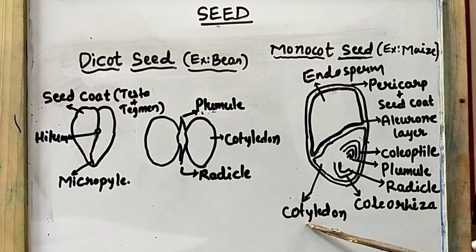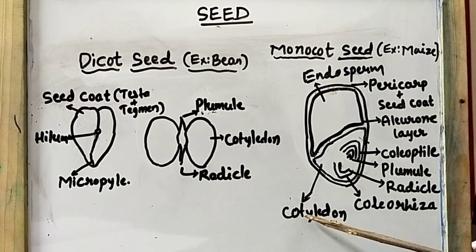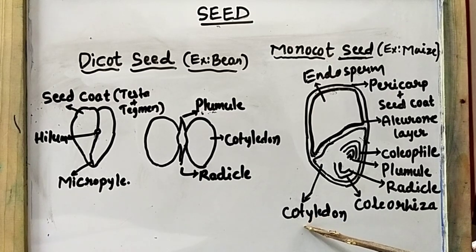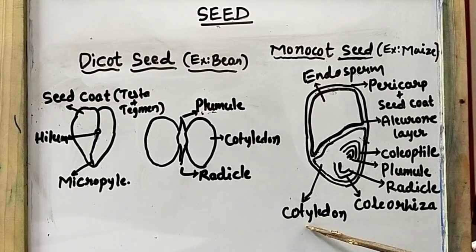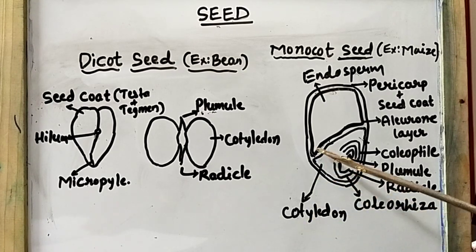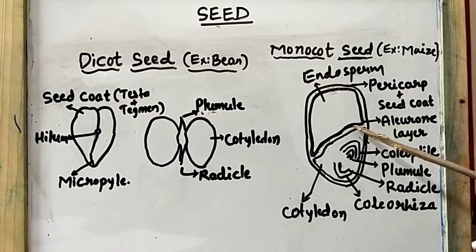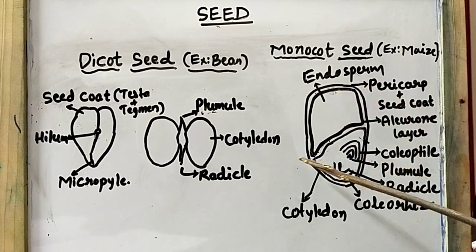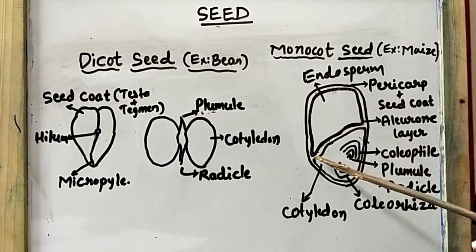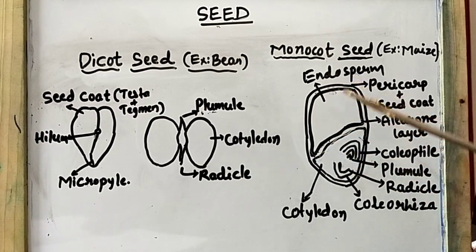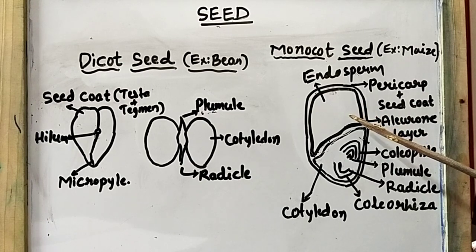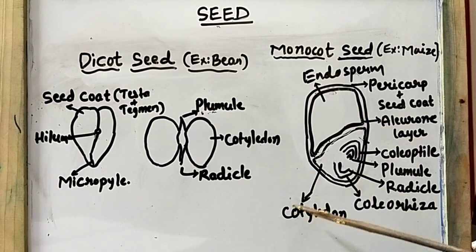It is in contact with the endosperm through this layer. So this layer what you are seeing is in contact with the endosperm. Understood?